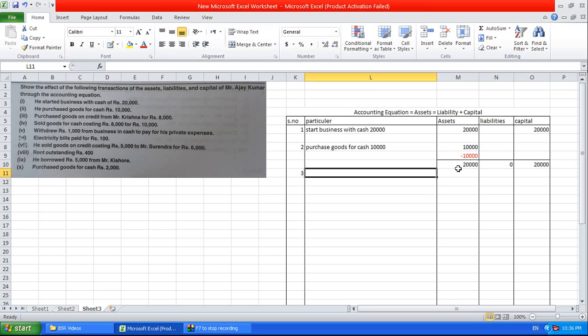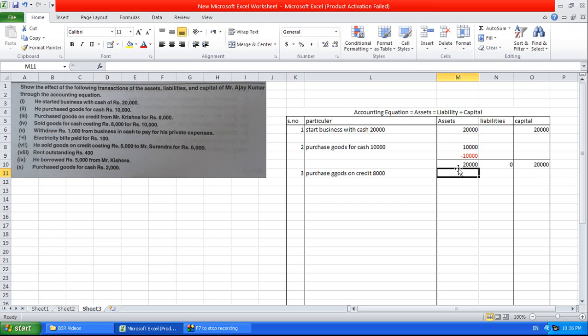Now for the third entry: purchased goods on credit from Mr. Krishna for 8,000. We have purchased goods from Krishna on credit. The amount is 8,000.